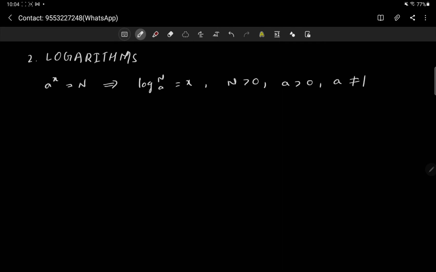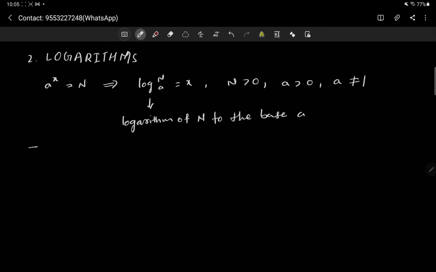We call this term the logarithm of n to the base a.